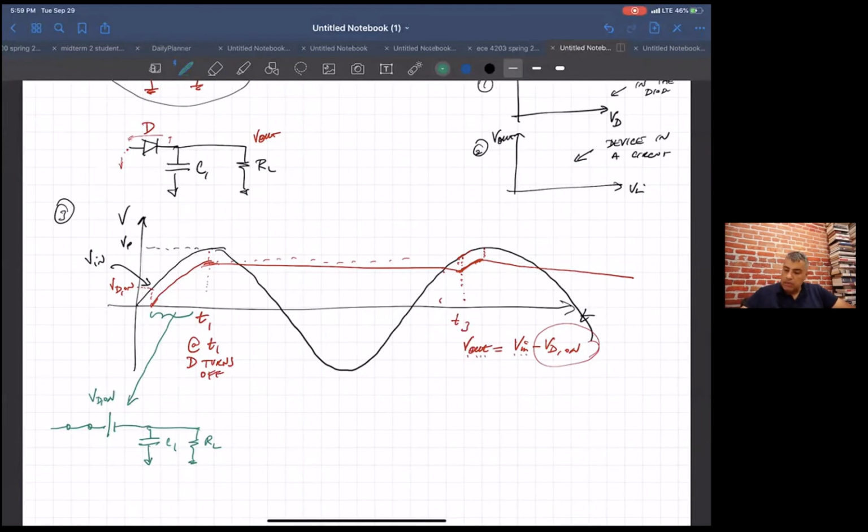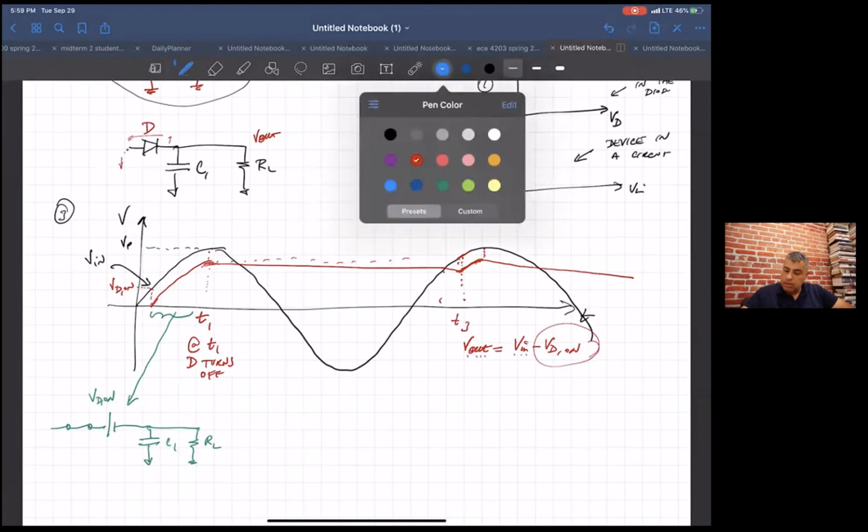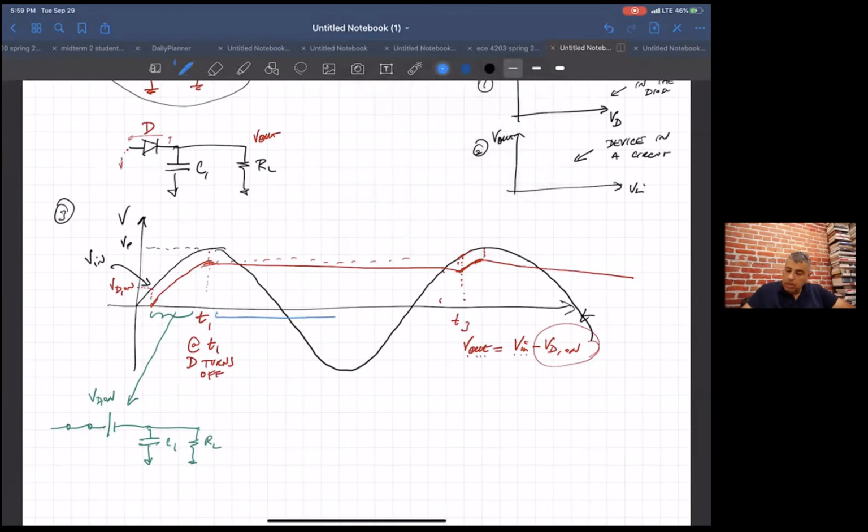Then, in another color, from here to here, the diode is off, so it looks like an open switch. We've got the battery, but it doesn't matter, it's just floating. So we have C1 and R sub L.